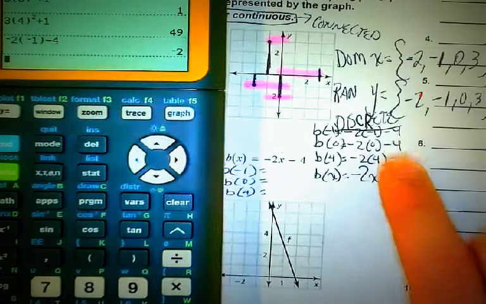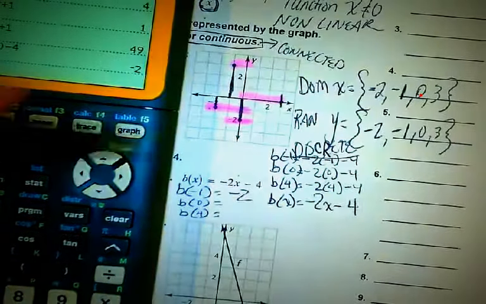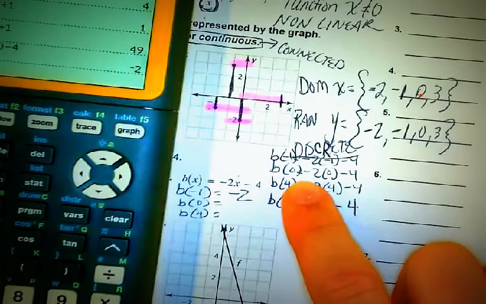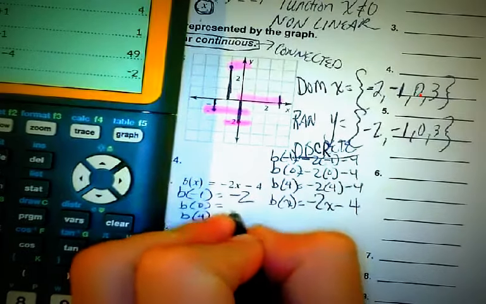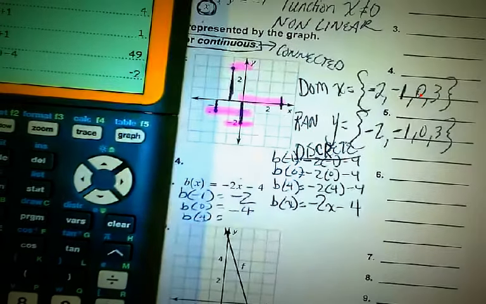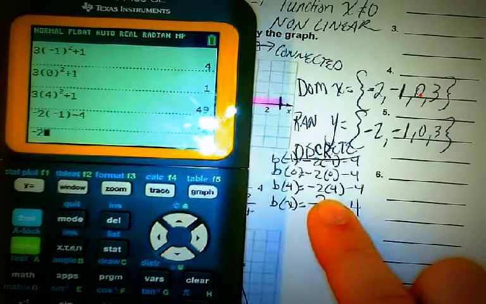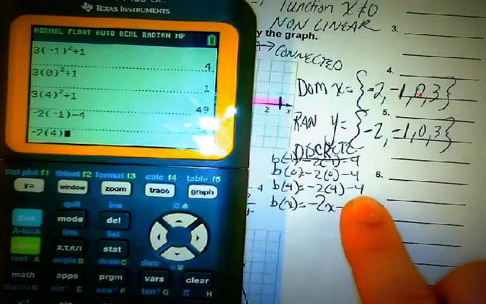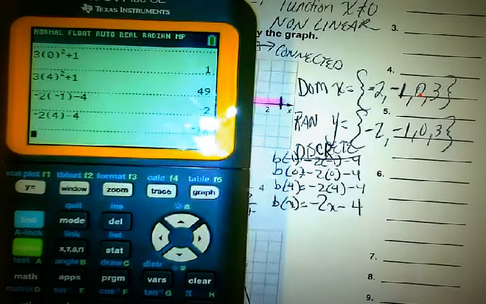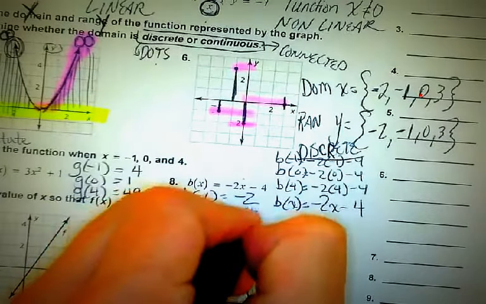That's negative 2. So that's our first answer here, negative 2. b of 0 says 0 minus 4. And b of 4 says negative 2 times 4 minus 4. Negative 12. Negative 12 here.